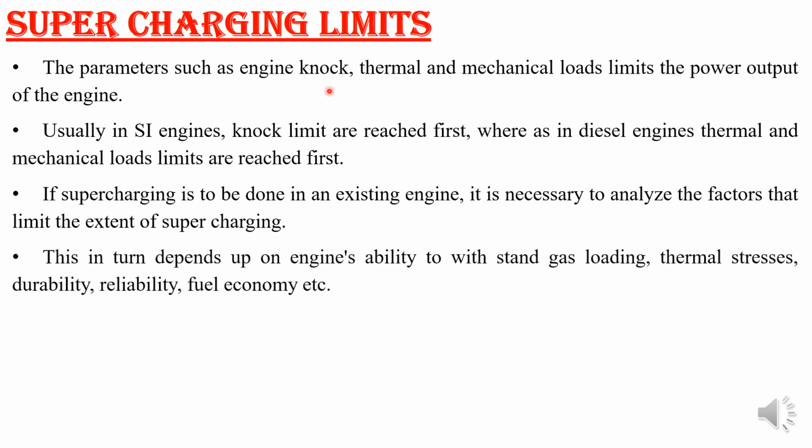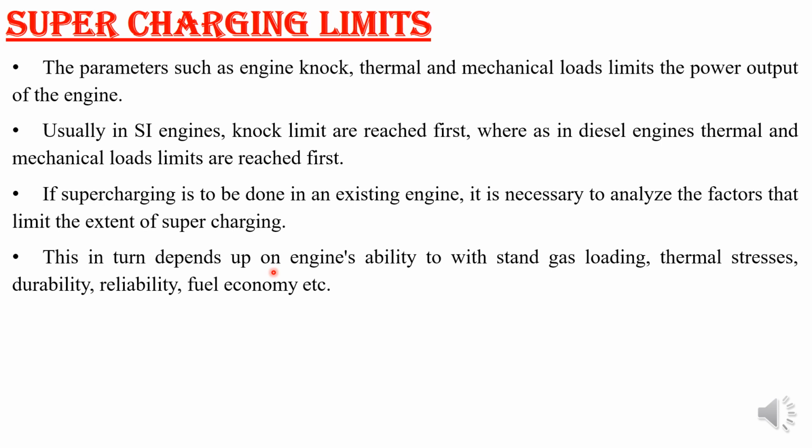Then if supercharging is to be done on an existing engine, it is necessary to analyze the factors that limit the extent of supercharging. Say while doing any kind of experiment on supercharging, especially turbocharging, first we have to check how much pressure ratio we have to go. That is very important. We have to calculate a maximum pressure limit or minimum pressure limit. We have to study that part, then only can we select that type of compressor and turbine.